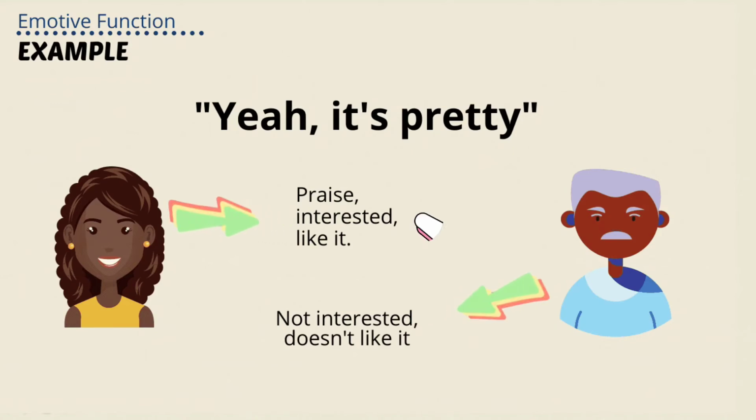However, it will be different if the sentence is expressed in a sharp tone or a lazy tone, because a sentence with a sharp tone of voice usually expresses something you don't like, doesn't it? Now let us see the difference. "Yeah, it's pretty," and "Yeah, it's pretty." The difference is obvious. Either say it honestly or pretend, it is still part of the emotive function.